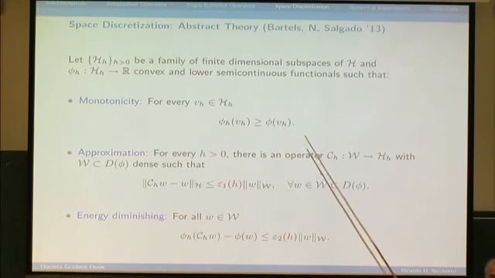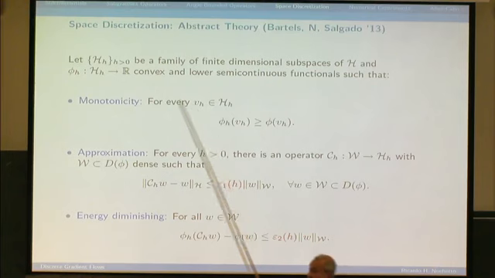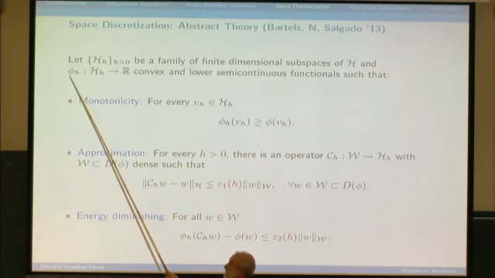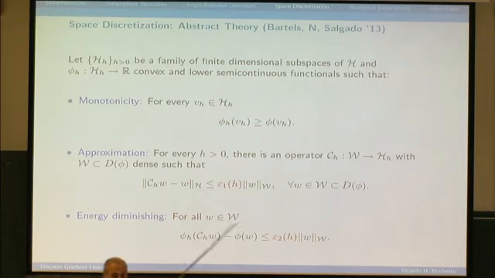Think of finite elements as I discussed yesterday. Associated with this finite dimensional space, I have a functional phi sub h. That could be the original functional, simply restricted to H sub h, or it can be a modification of the functional. That's why I put the subscript h. But with some assumptions, okay?